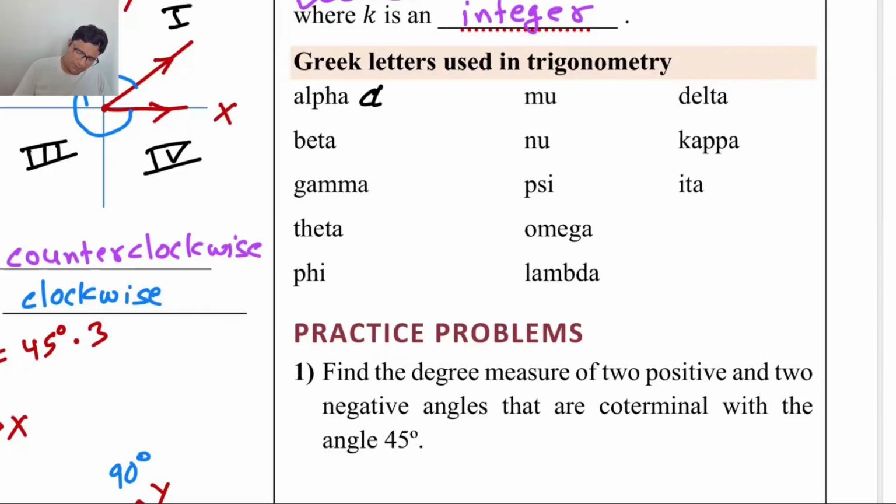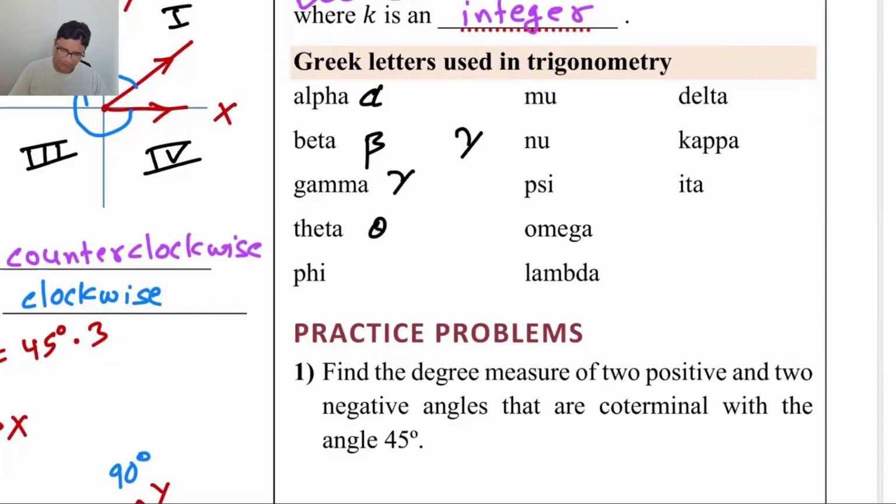And then the second one is beta, and you can see B comes from beta. Not everything comes from these letters, but most of them. And then gamma looks like Y, but it's not Y. That curve, that's gamma.